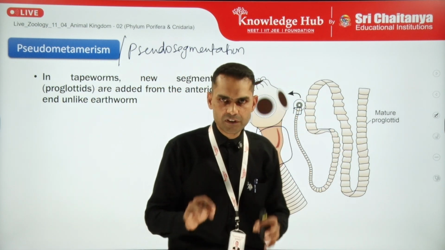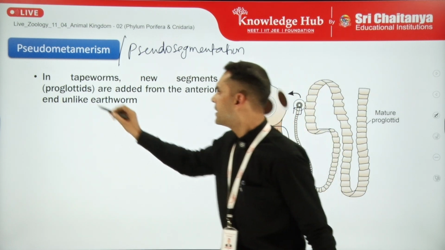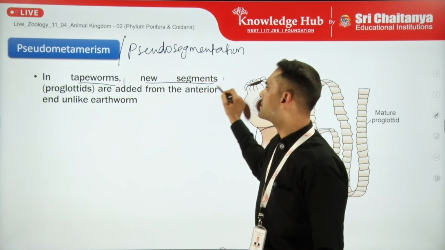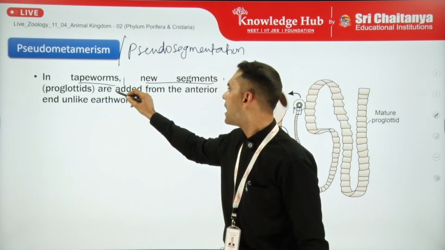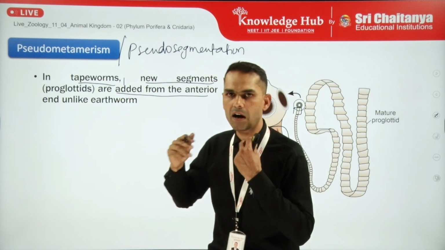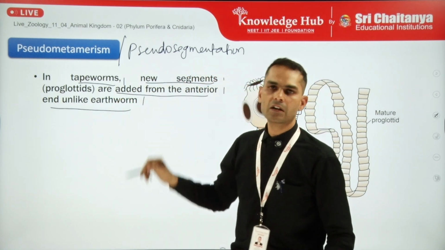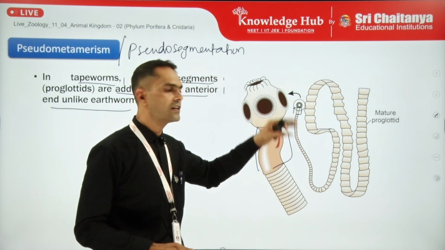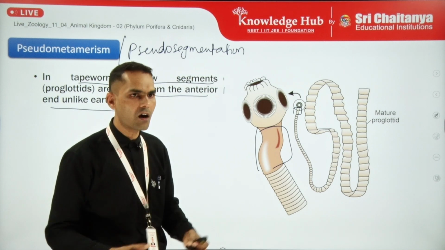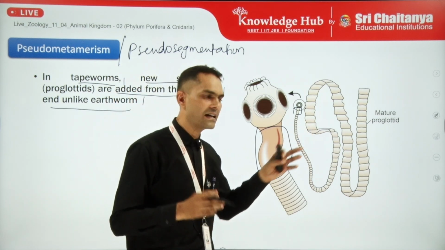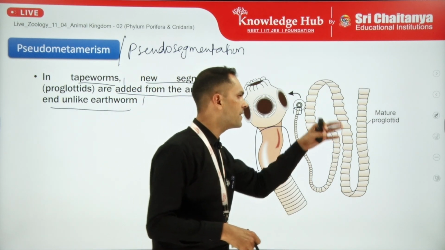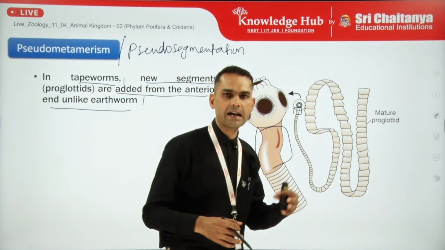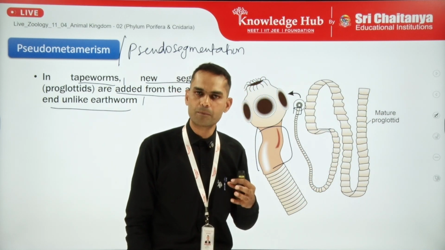Now, if you see such type of segmentation in tapeworm, new segments, which are called proglottids, are added from the anterior neck part, unlike earthworm. So what happens is that each segment, as it progresses, behaves independently. It does not have coordination with its adjacent segment, and at a very mature stage, each segment gets detached by the process of apolysis.